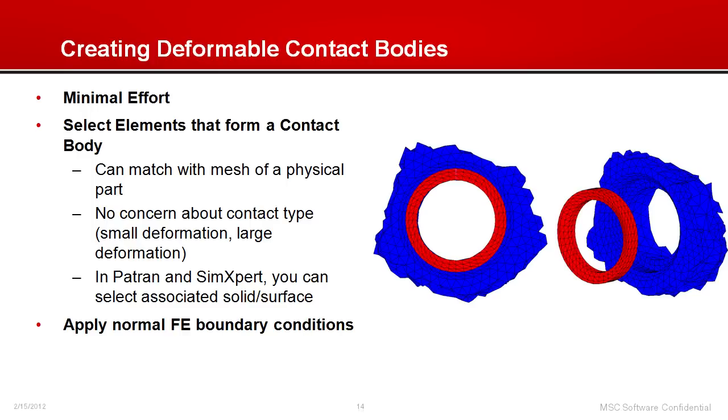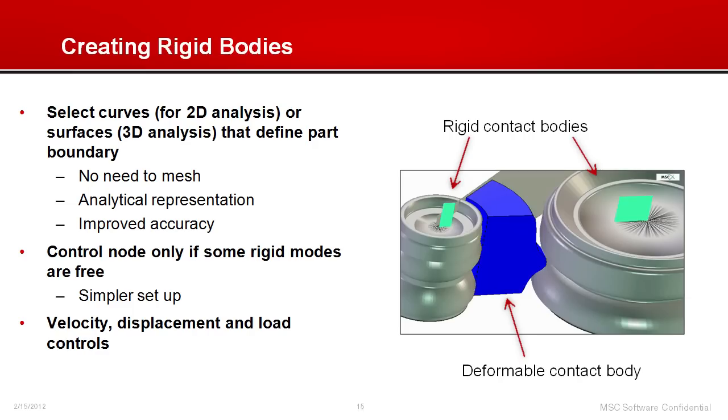For rigid contact bodies, then, they can be curves if you are doing a 2D analysis, or surfaces if you're doing a 3D analysis. Okay, you don't need to mesh the surfaces or curves that you pick. And as I said, in this case, you can use this rigid body to apply loads to your deformable contact body.